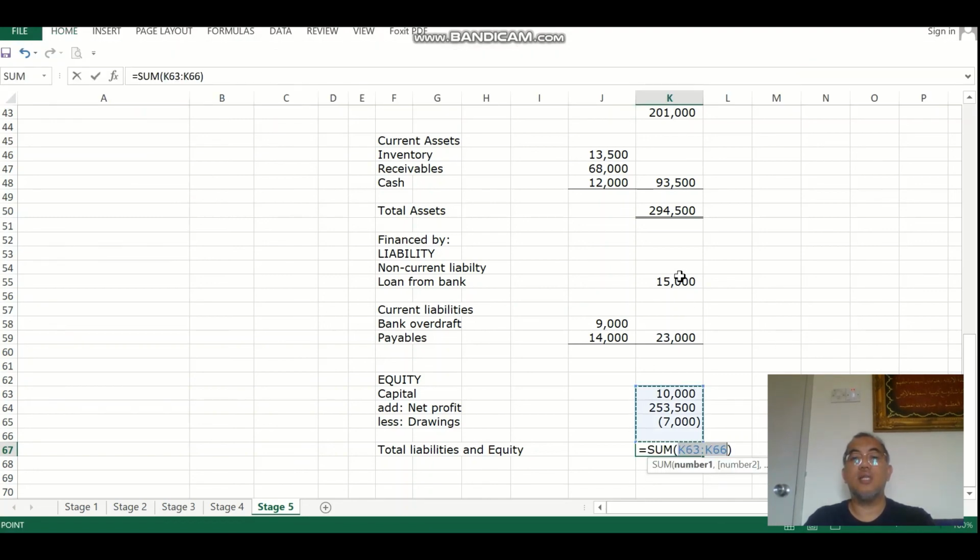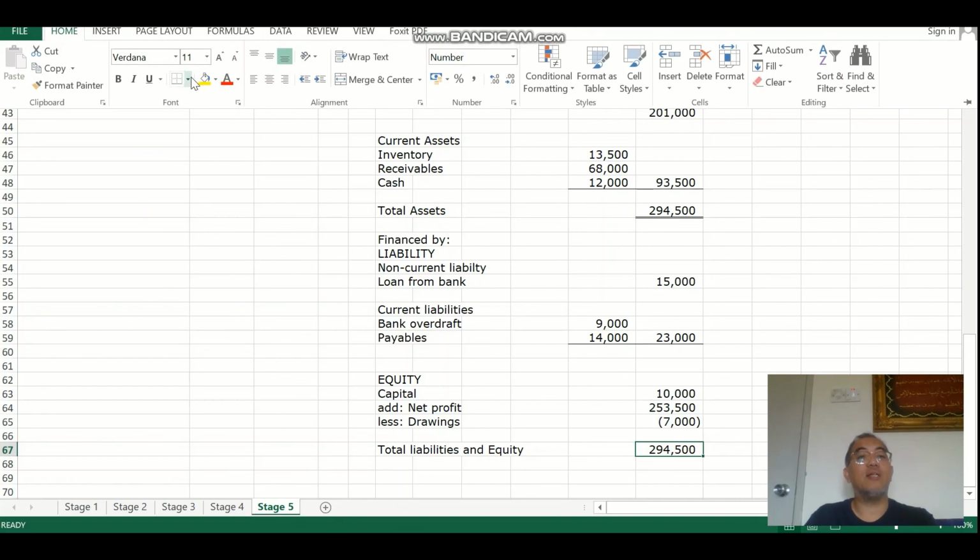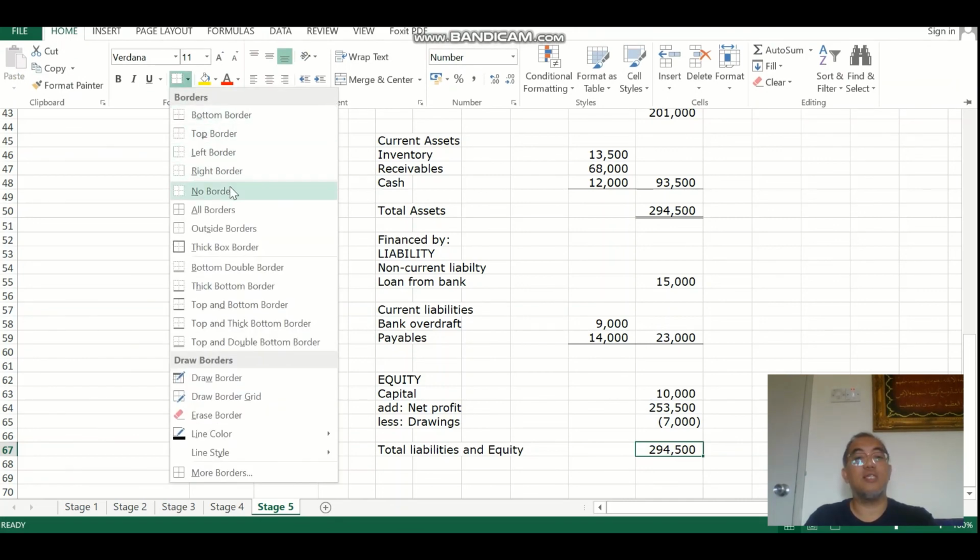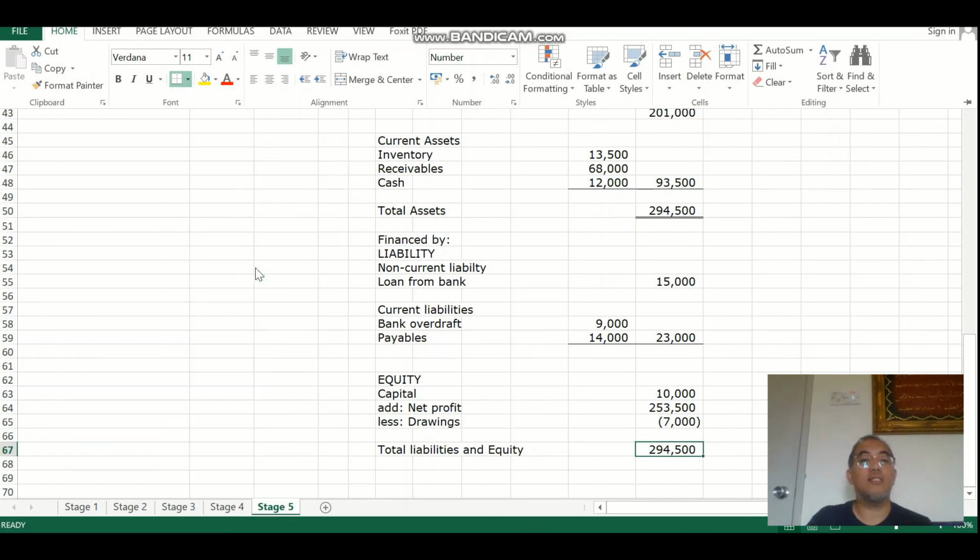This is liability, and this is equity. 294,500. Is it? Yes, we have it balanced. See, magic. It's not really magic, but of course, some of you think it's magic that because we have the same balance, we are able to make it balance.